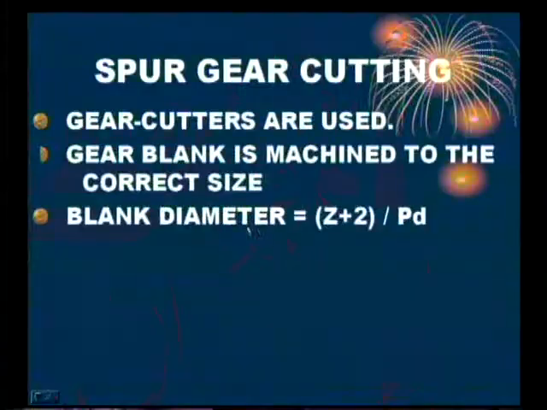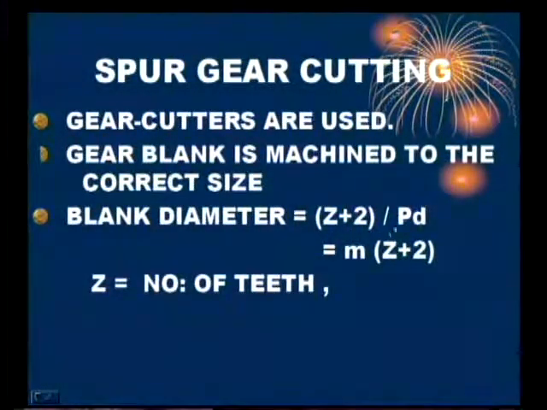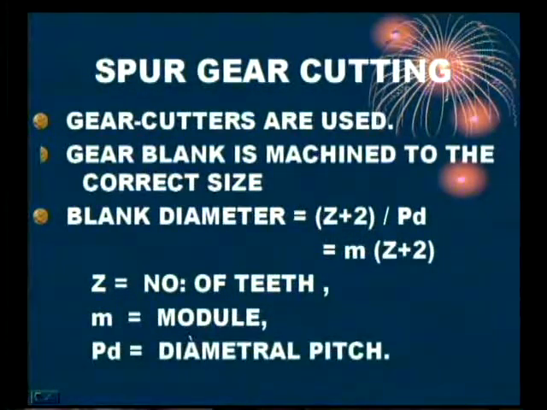And the gear blank diameter is calculated using this equation, (Z plus 2) divided by PD. Z is the number of teeth and m is module, PD is diametral pitch. So, (Z plus 2) divided by PD, here PD is diametral pitch and 1 by PD is module. So this can otherwise be written as m into (Z plus 2).